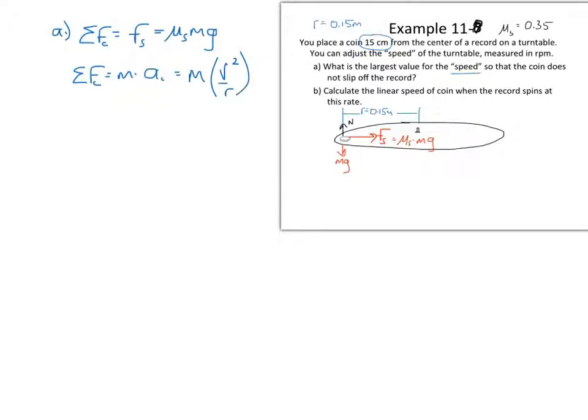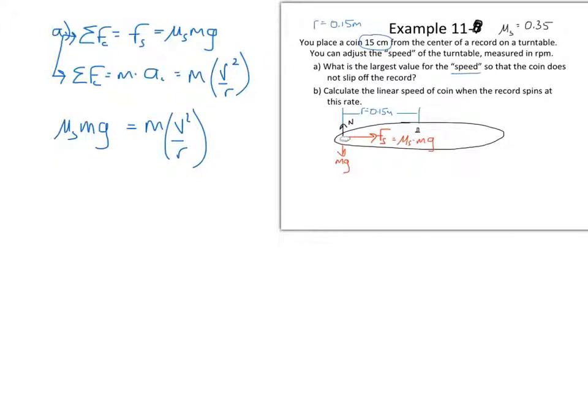V squared over r. So this right here and this right here we can set equal to each other, right? Because they both are descriptions of net force, okay? So we can say coefficient of static friction times m times g equals mass times v squared over r.